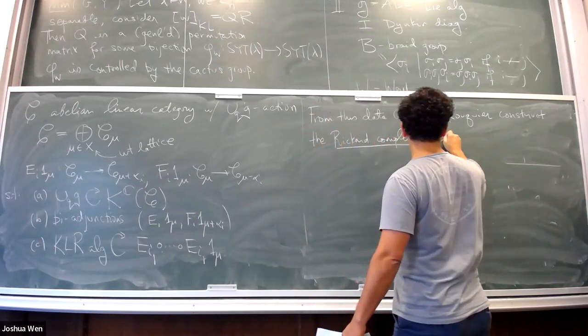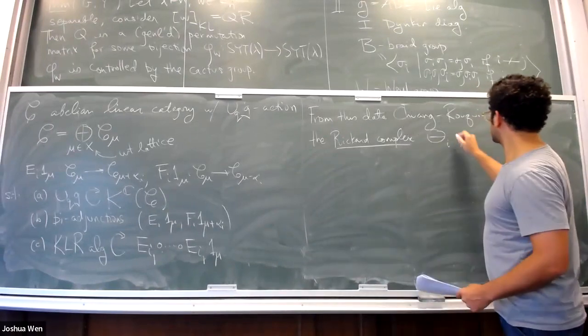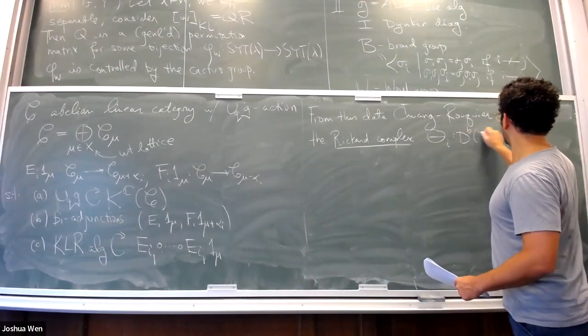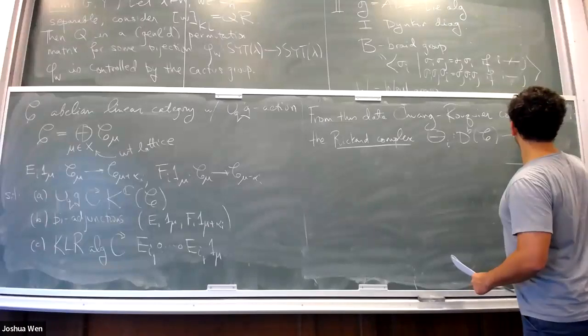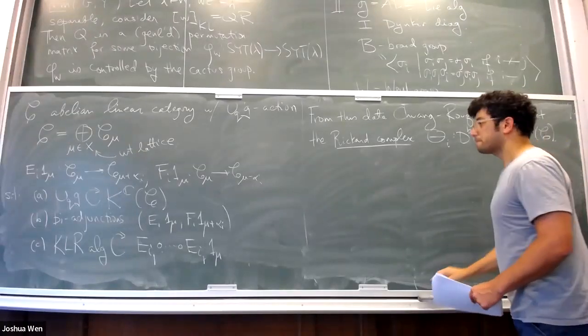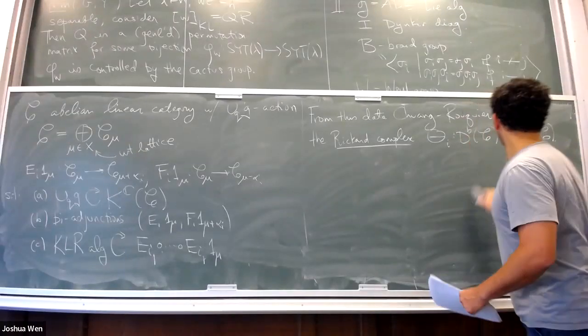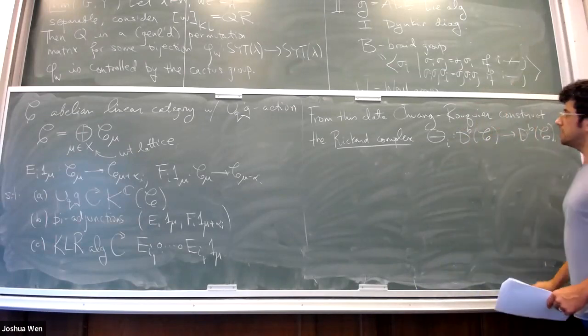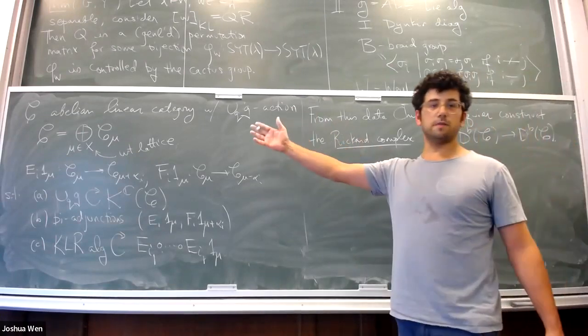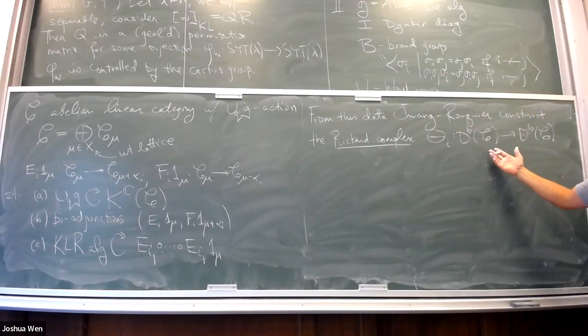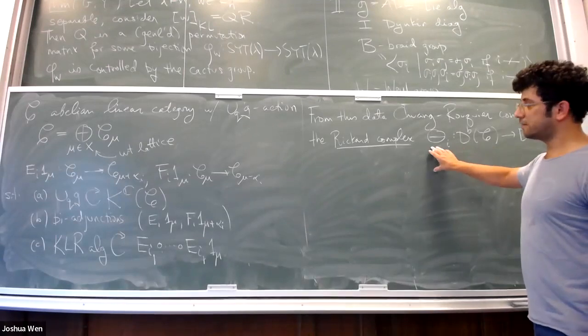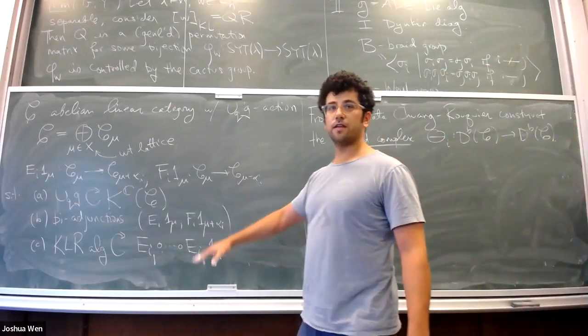Now look at this Theta_i. This is a triangulated functor from the bounded derived category of C to itself. The point I'm trying to make is that we started with some category C, and I'm ending up with an endo-functor of the corresponding bounded derived category. And to construct these functors, you need all the data that I wrote here.